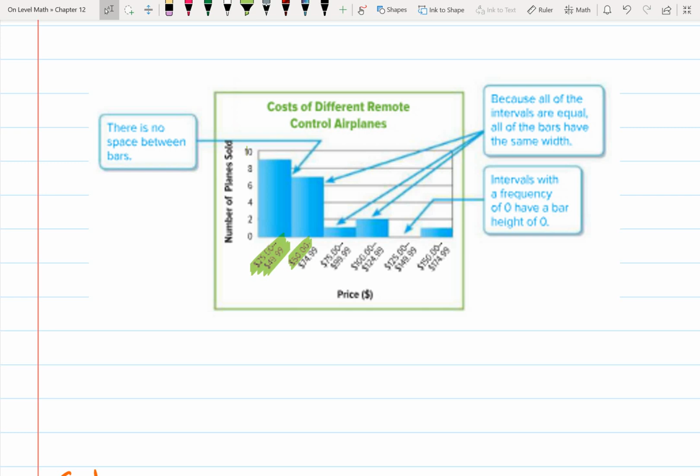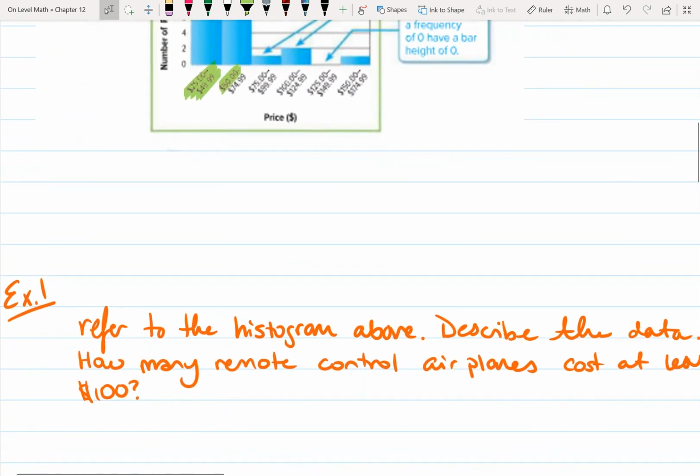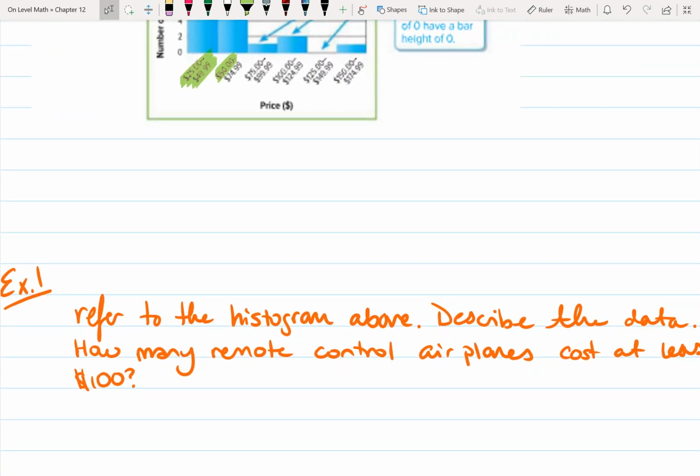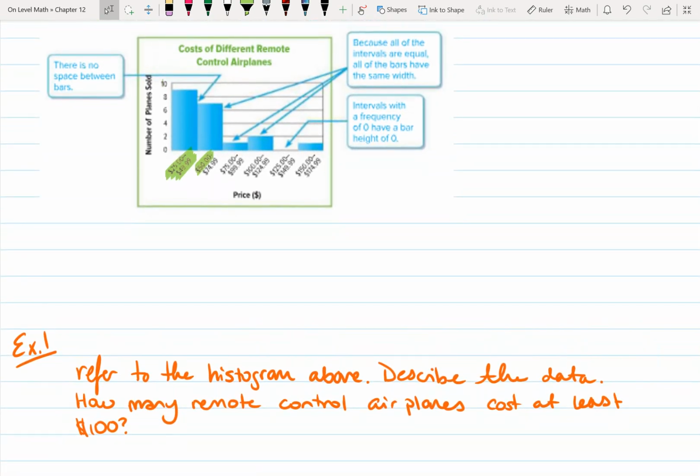The other thing is it'll ask you to make a histogram. So this is just describing. It says refer to the histogram above, describe the data, how many remote control airplanes cost at least $100. So I just described the data, but now let's answer how many remote control airplanes cost at least $100. At least means it can cost $100, it can cost more than $100.